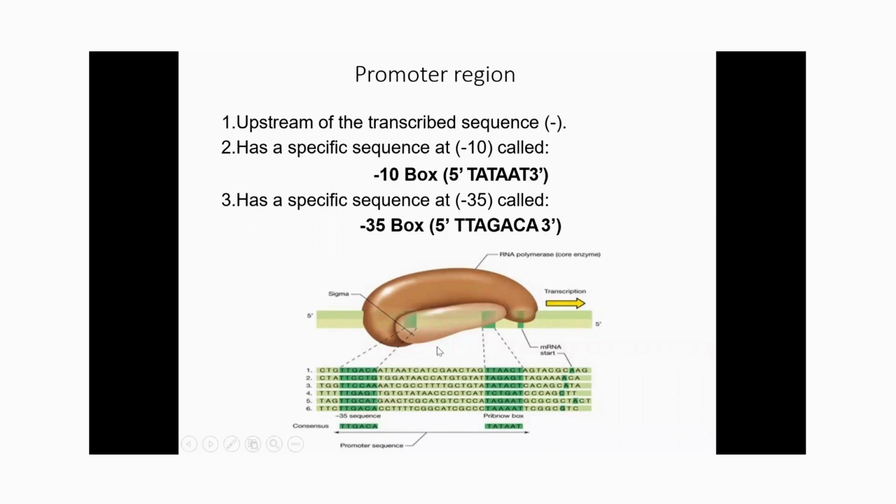This RNA polymerase enzyme binds to the promoter, and in the promoter there are two kinds of specific sequences present. Here there is the +1 base on the DNA molecule.